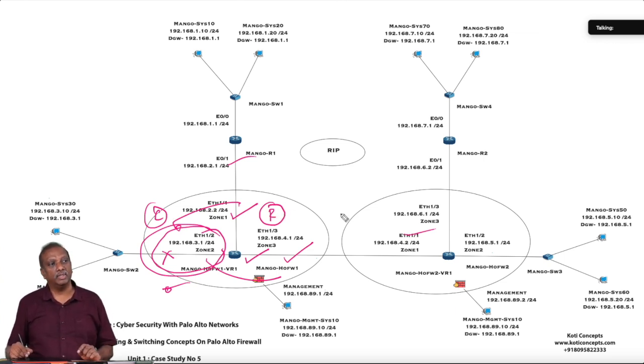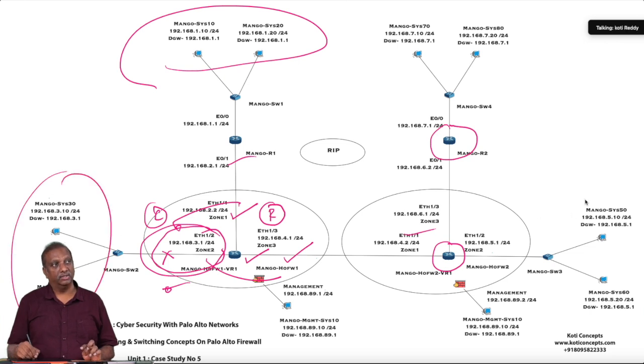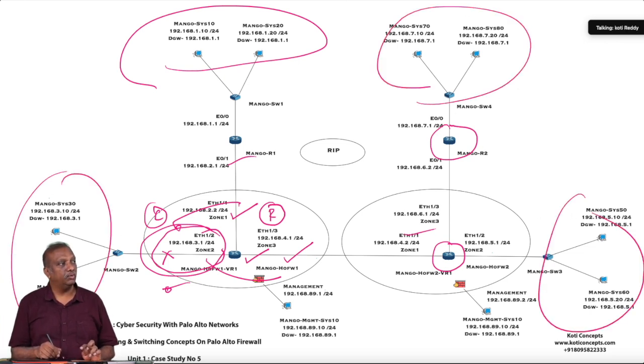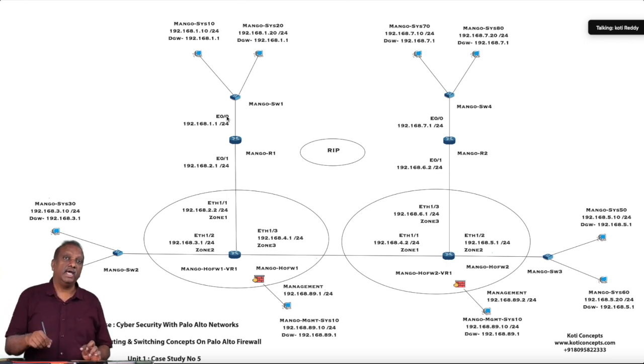Same thing we do on this particular firewall here, same thing we do on the router here, and ultimately make sure that all the systems can talk to each other, right? So the objective of this case study would be to configure RIP protocol on the Palo Alto firewall and also configure redistribution profiles on the firewall and ask the RIP protocol to redistribute the routes according to so-and-so profile.